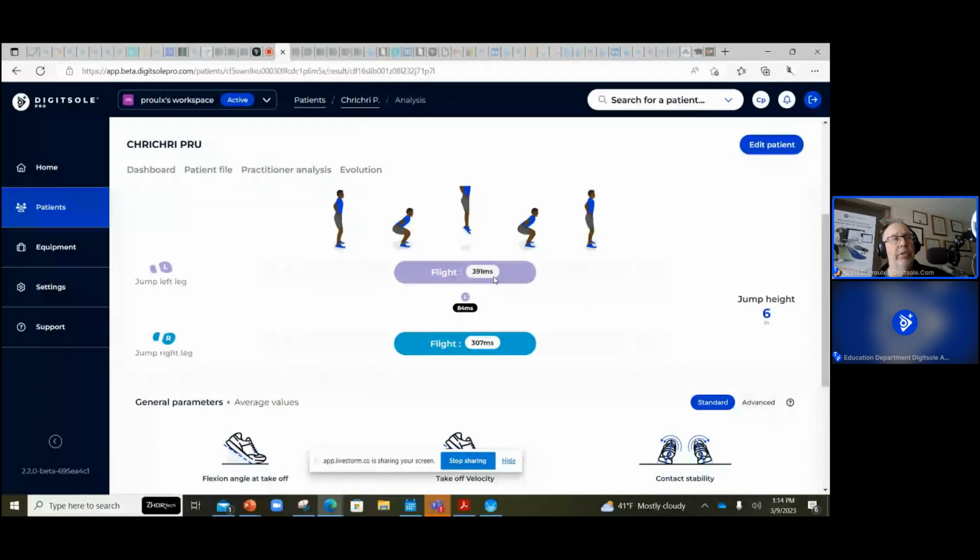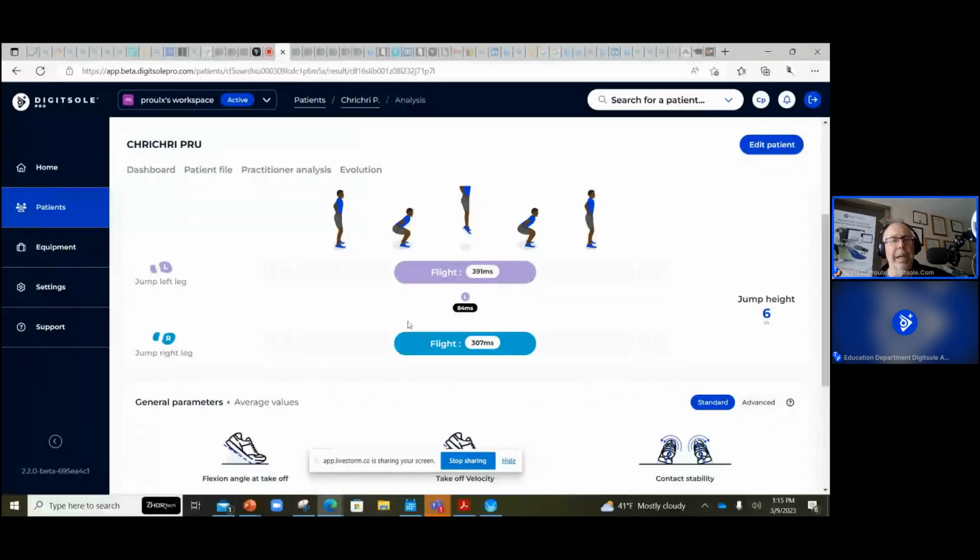Now, with a lot of these jumps, we don't have normative values like we see with the walking profile. Somewhat similar to what we see in running, it's going to be impacted by their abilities, by their power output, their strength, and things like that. Historically, a lot of this information was really comparing the right to the left when we were making a determination of return to play or return to sport, to know that we got the injured leg or the surgical limb back up to the level of the non-injured or the non-surgical limb.